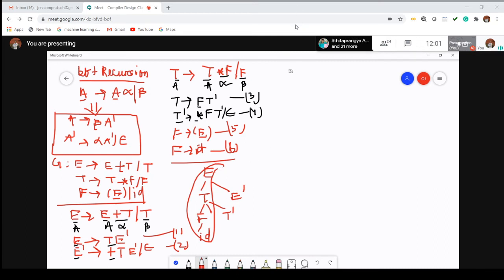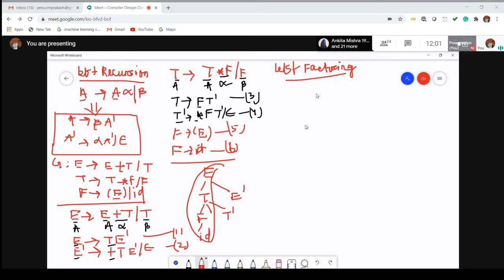Now we'll go for the left factoring. What is the basic difference between left recursion and left factoring? If the start node is repeated on the left hand side, then we go for left recursion, otherwise we go for left factoring if there is repetition in some intermediate values.